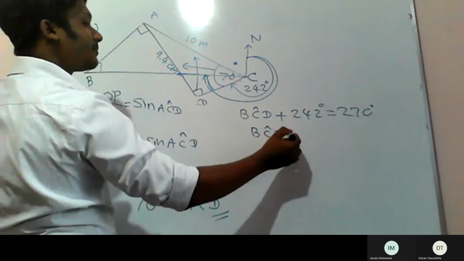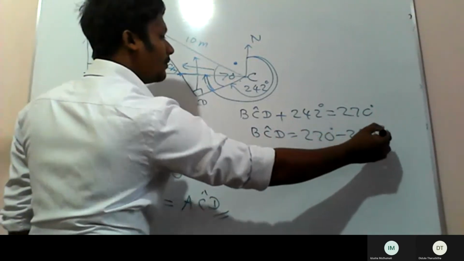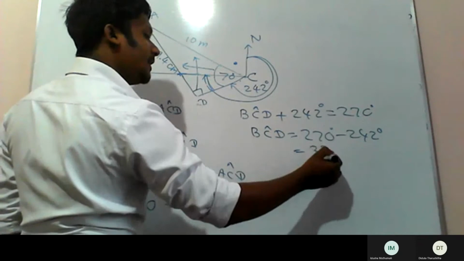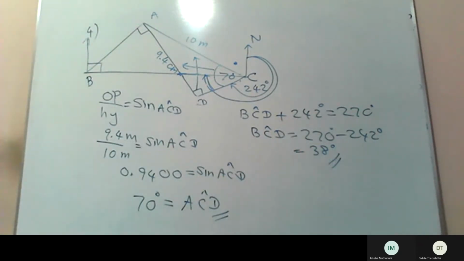BCD equals 270 minus 242, and that is 38 degrees. BCD equals 38 degrees.